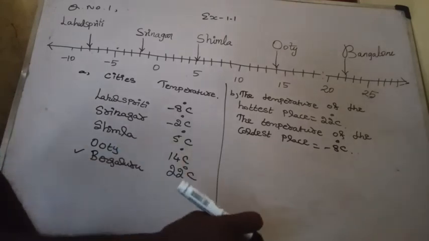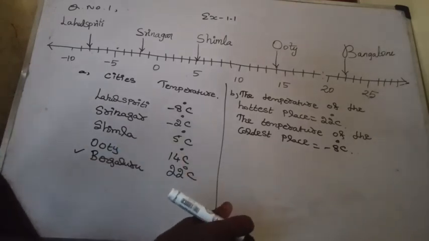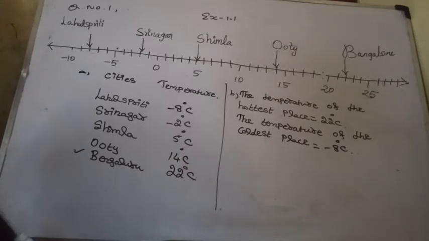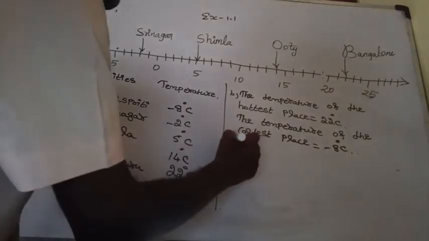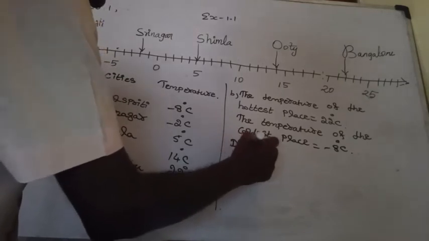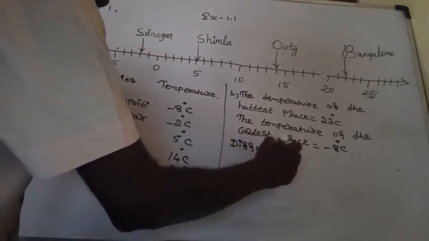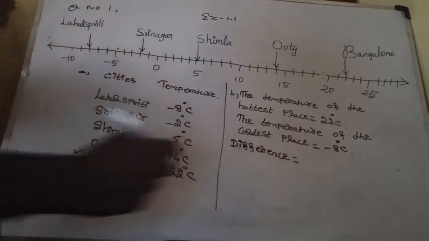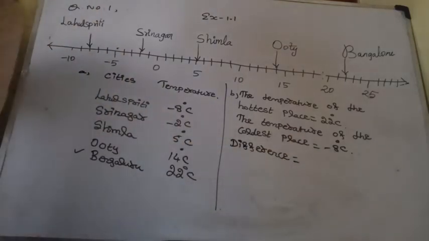Find the difference between the hottest place and the coldest temperature. Am I right here? Then difference is nothing but greatest integer minus smallest integer. Please remember, greatest integer minus smallest integer.